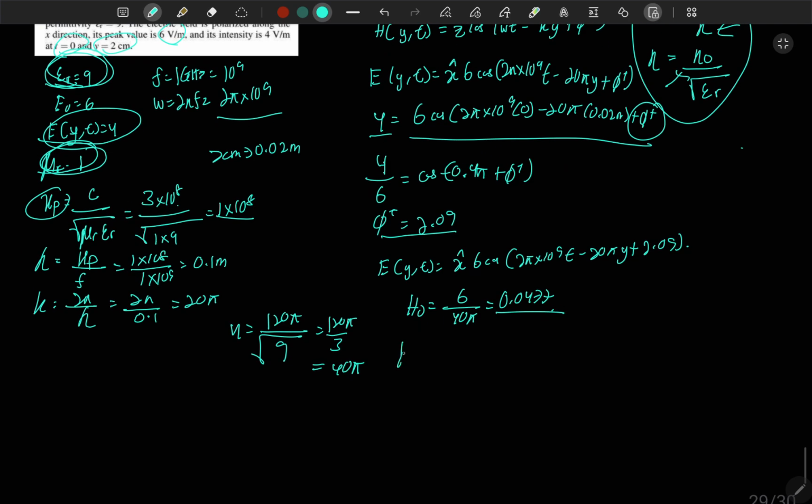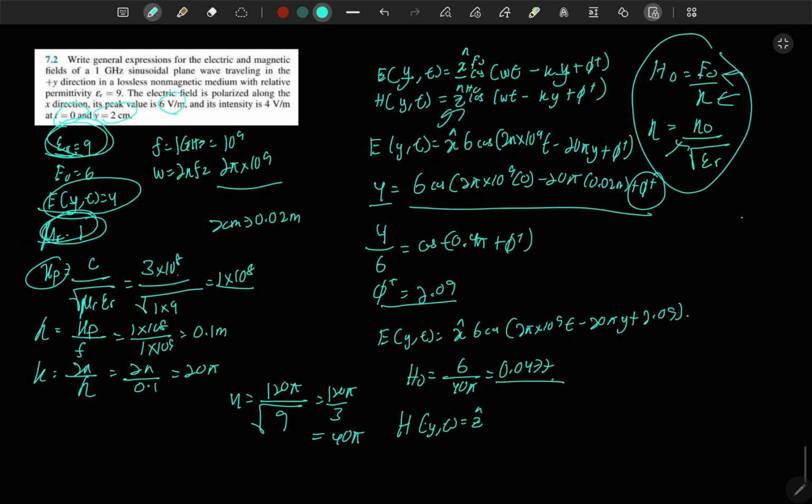So rewrite everything. H of y, t in the z direction, because we noted, 0.0477, this is amperes per meter, cos of 2 pi times 10 to the power of 9 t minus 20 pi y plus 2.09.